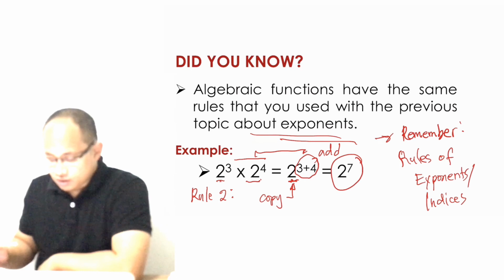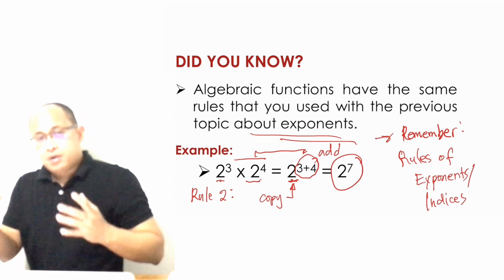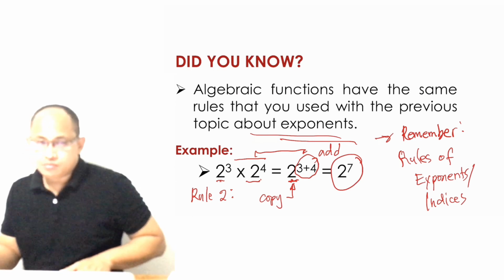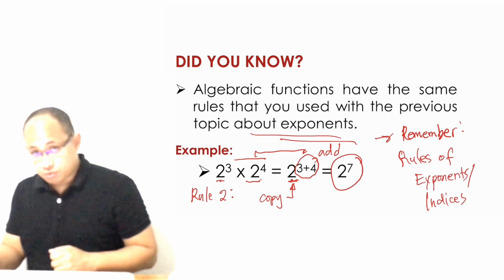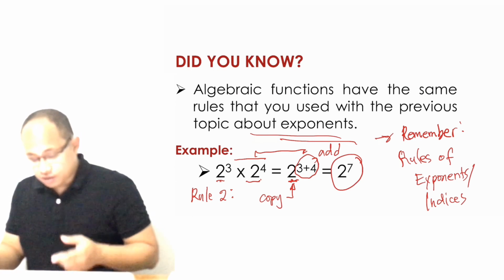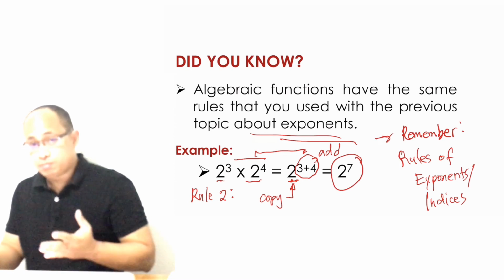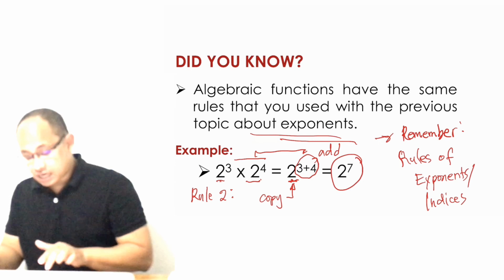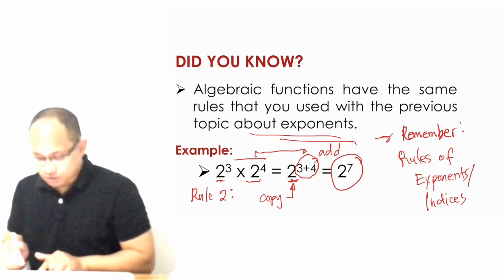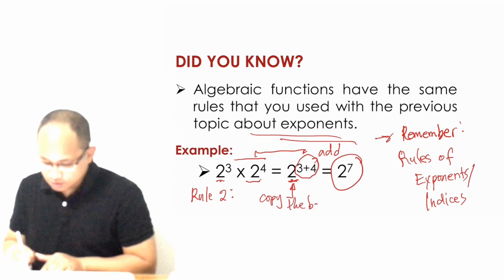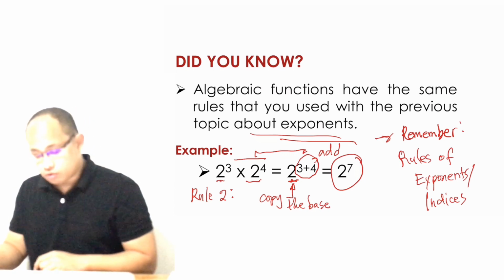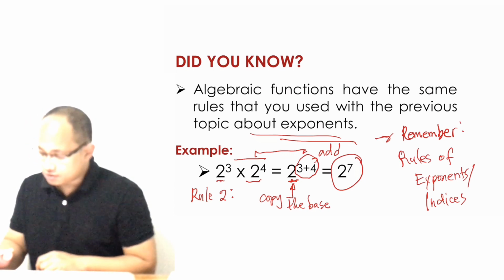Again, in algebraic functions, we follow the same rules as the previous topic about exponents. We have an example here: 2 to the power of 3 times 2 to the power of 4. Now we have the same base, which is 2. So what we do is copy the base and add the exponents. The result will be 2 to the power of 7.